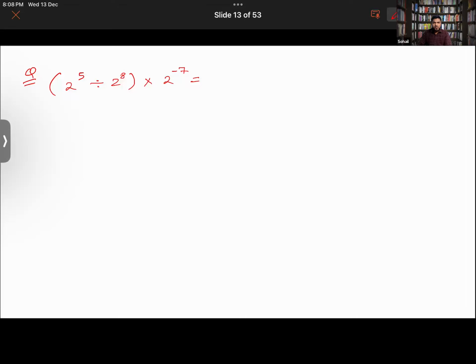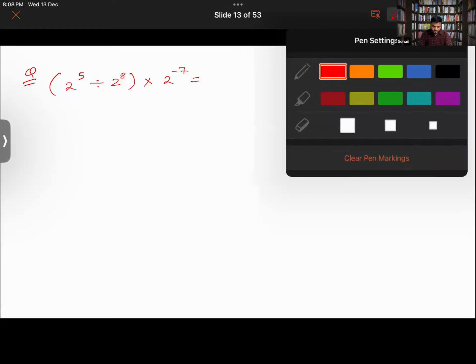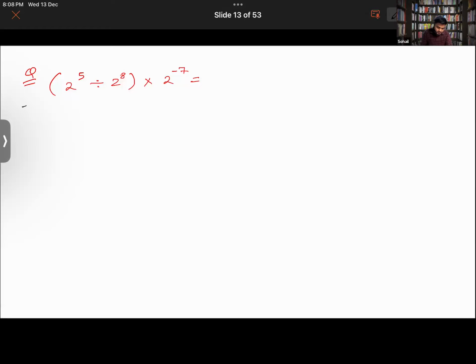Just send it on the group. No need to type now, simply a photo click करें, quickly send it. Sir, done. That is correct. Good. Sir, I've also sent you. Both of you, well done.